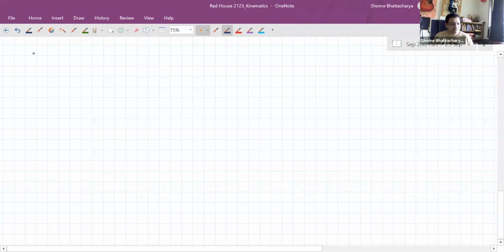So we had seen relative position and relative displacement. Now we come to the third parameter, which is relative velocity.